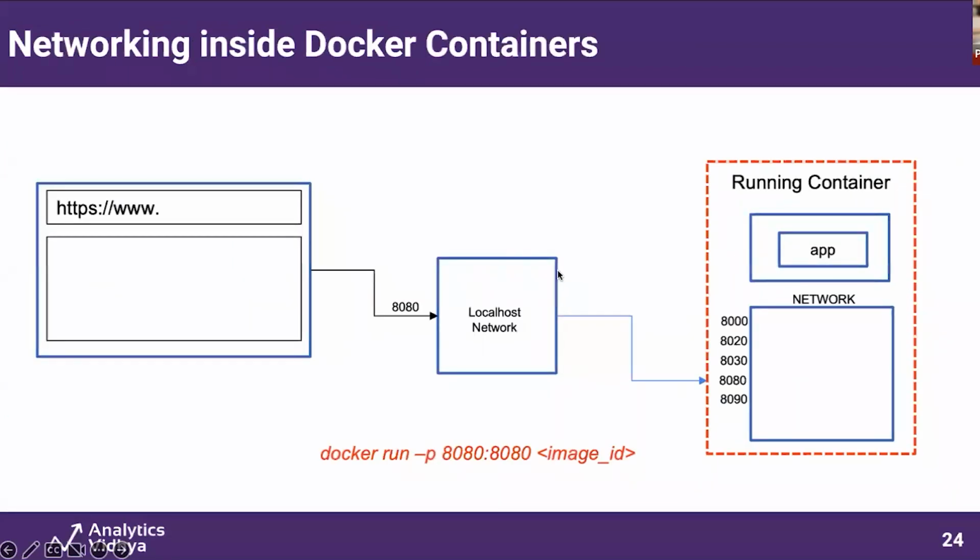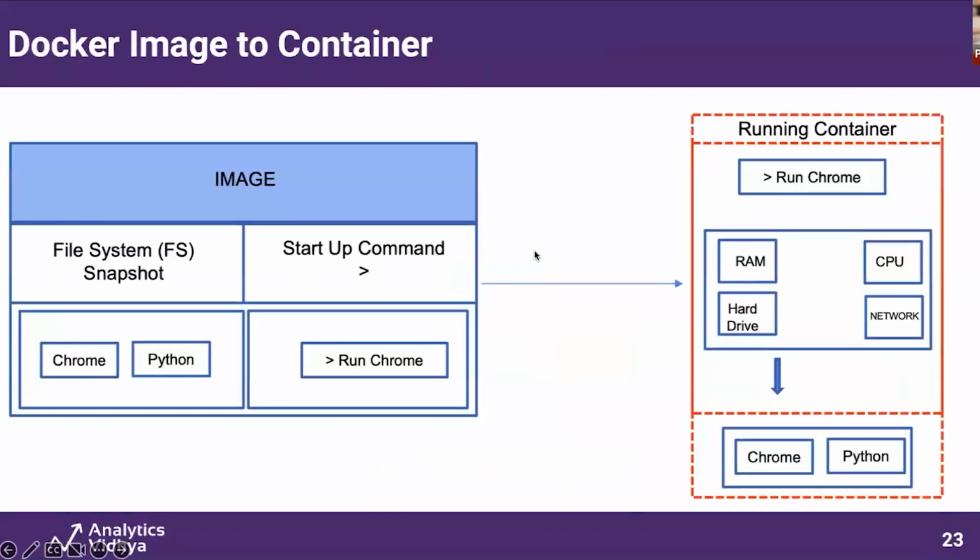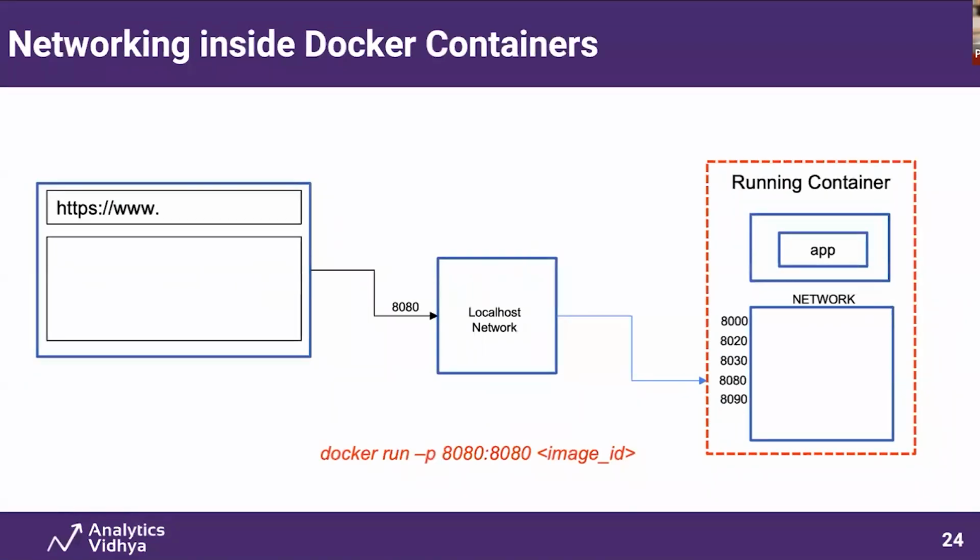Okay, now you might think the container is running on my local host. How do I access it from outside? Which we are going to do today. Each of these containers that you run has its own network ports. So if you want to access it from outside, you have to map these ports of the running container to the local machine. The host machine would have a certain port, let's say you want to map it to 8080. So there's something known as port mapping.